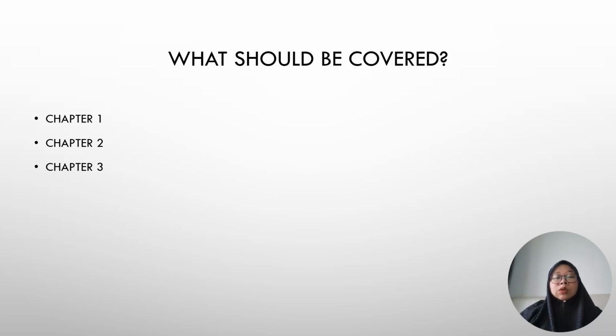So you will learn how to justify your study, to describe the significance, and to provide an overall overview of the research structure. Okay, so next in chapter 2, you will dive into reviewing existing literature.